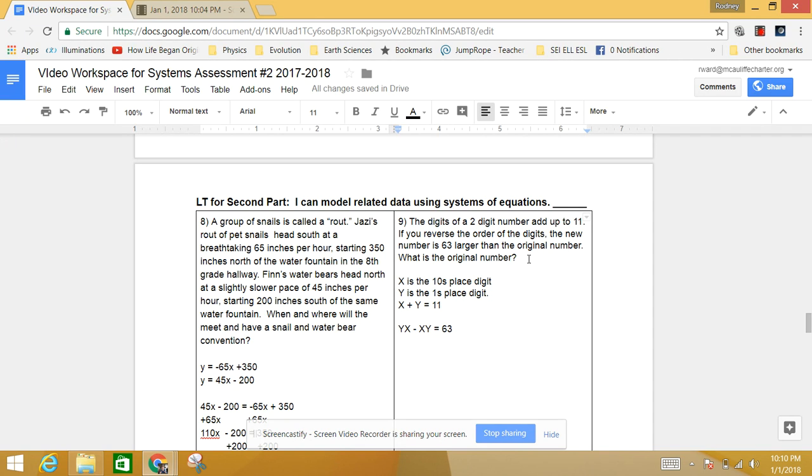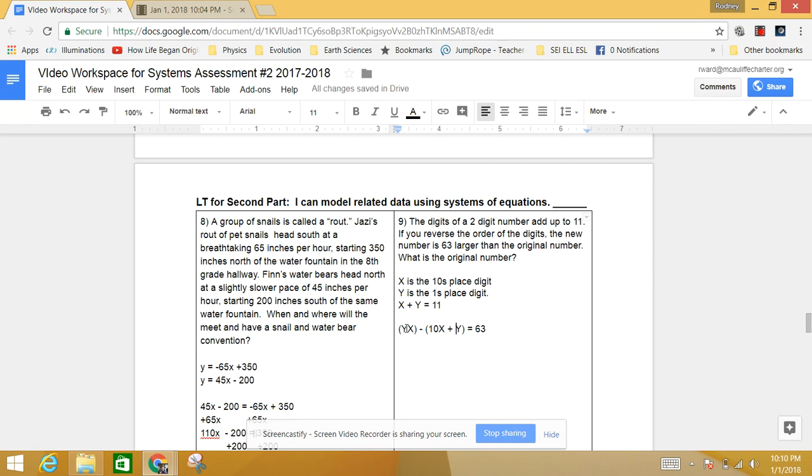What we have to do is convert these into actual expressions for the number. So in this case, 10x is what the tens place is. So if that were 73, x would be 7. So it would be 10 times 7 is 70, and y would just be the 3, and that's the ones place, so we leave it alone.